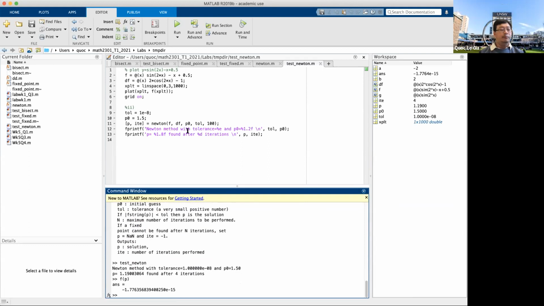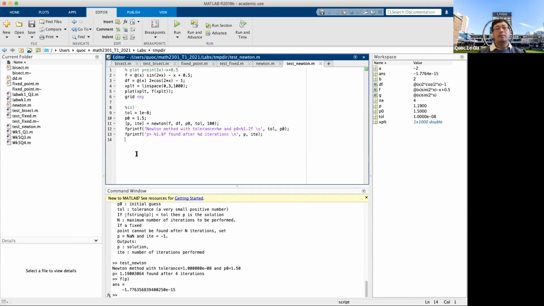And now the next question is the same thing, except that now I need to change the initial guess. I will do exactly the same, so we'll cut and paste here, but the initial guess is now 0.5.